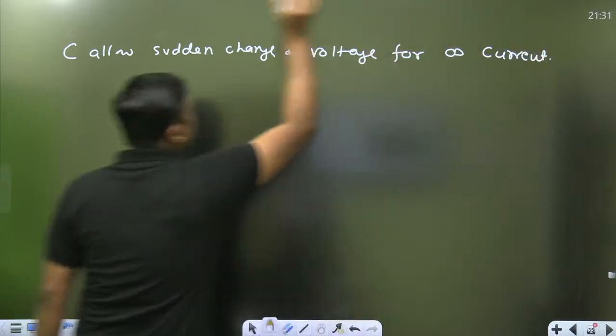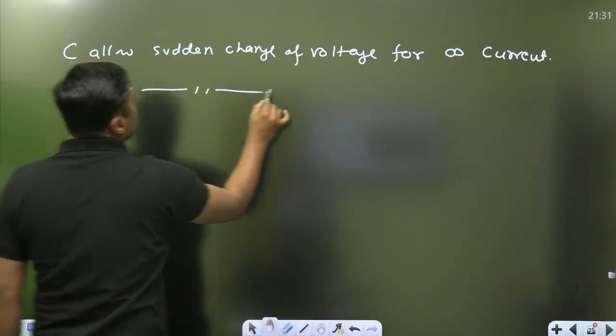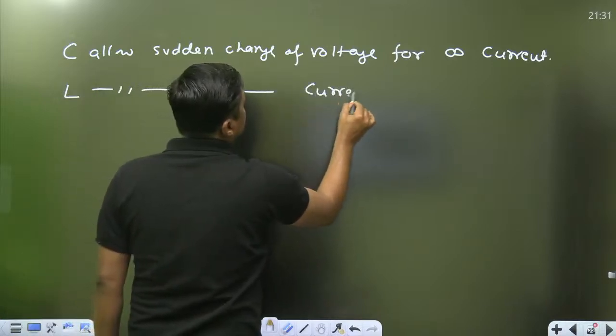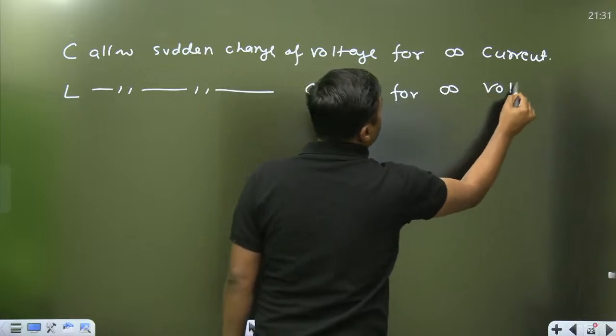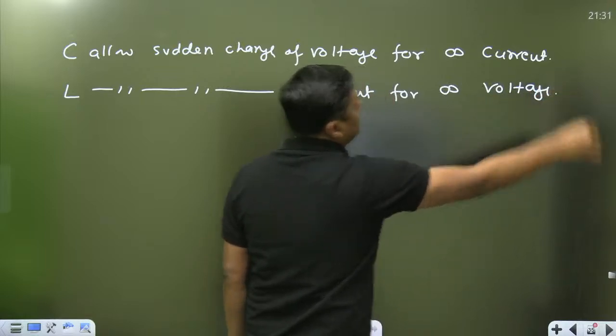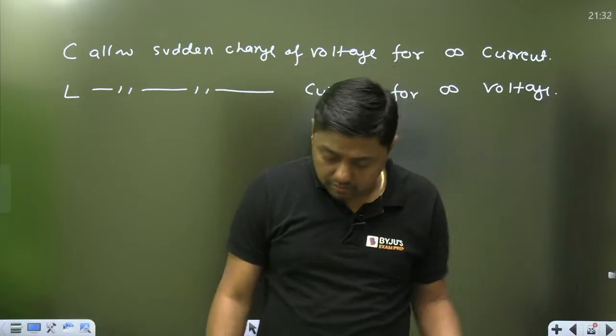Similarly, inductor allows sudden change of current for infinite or impulsive voltage to satisfy KCL and KVL.